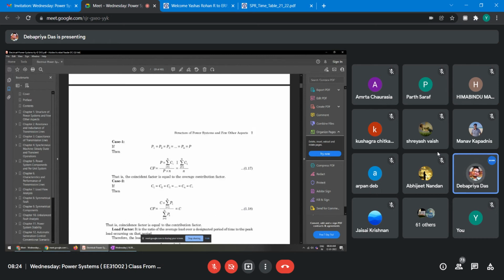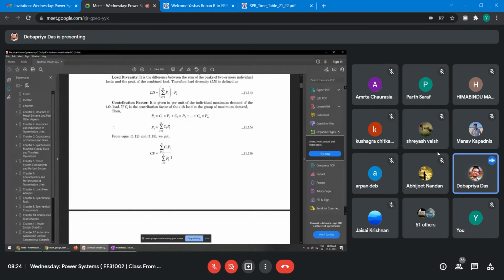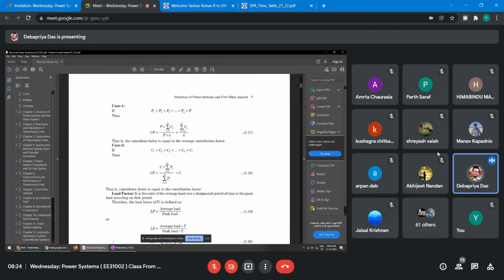So it is P into N in the denominator and P into sigma Ci in the numerator. So the coincident factor will be the sum from i equal to 1 to N of Ci upon N, because N times you are adding that term, if all are equal. So this is your coincident factor.